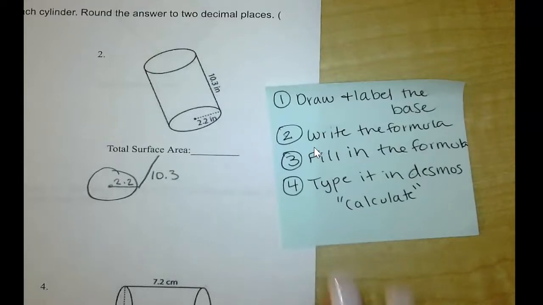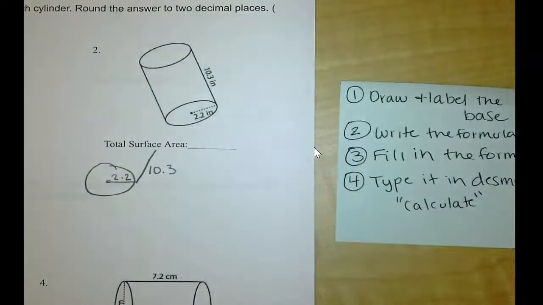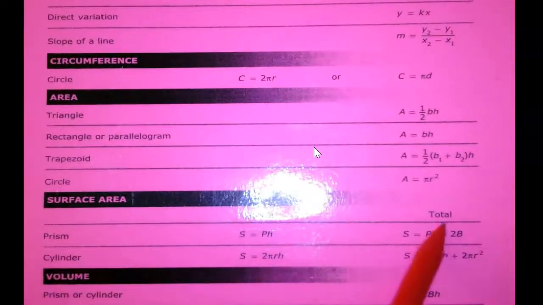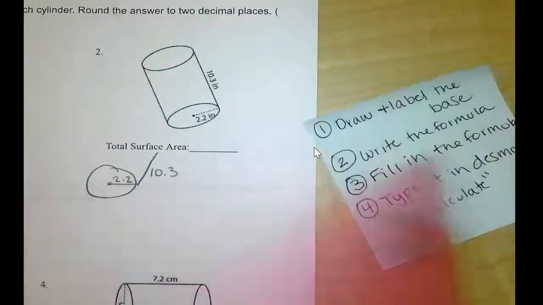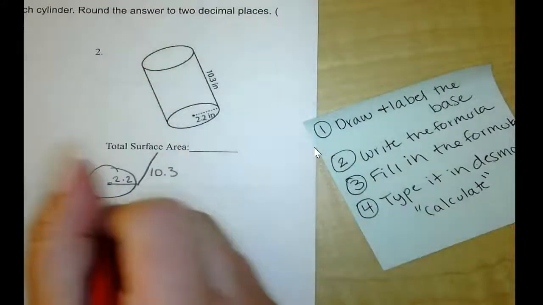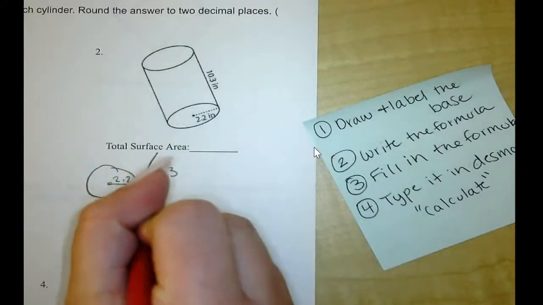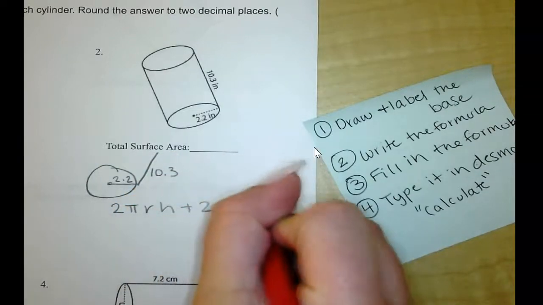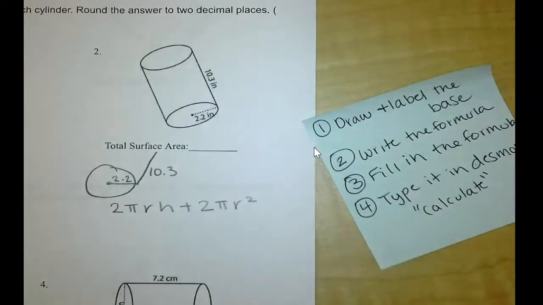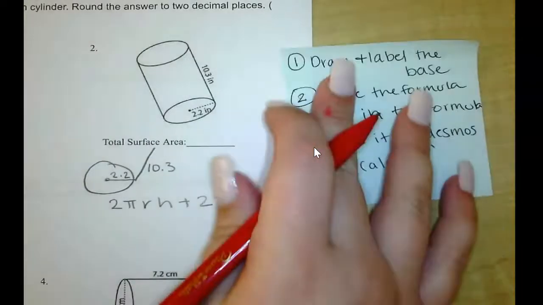So for total surface area, you're going to come over to the formula chart, go to surface area, come over here to total, and cylinder is this one right here. So 2 pi RH plus 2 pi r squared. Okay? Now we're going to fill it in.